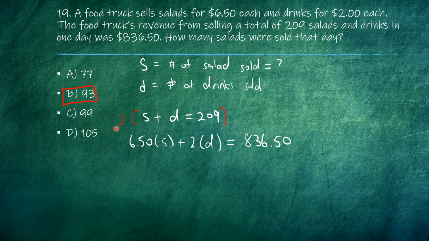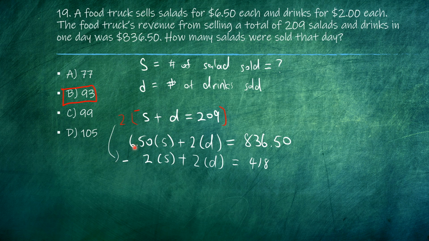So let's move the second equation here. 2 times S is 2S, plus 2 times D is 2D, and 2 times 209 is 418. And to eliminate D, we can subtract the second equation from the first equation.